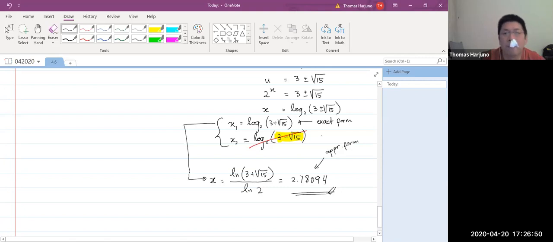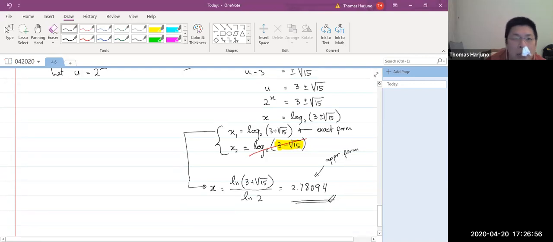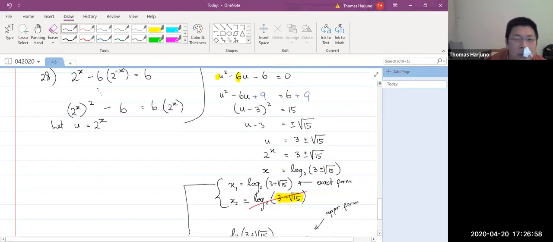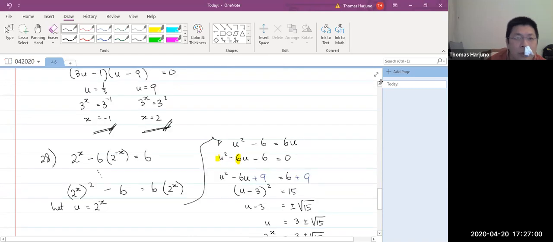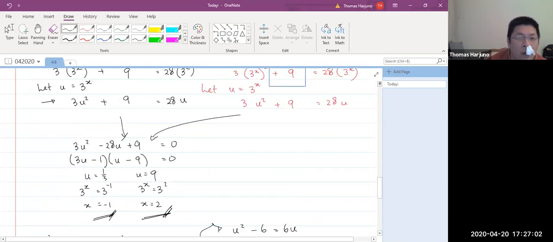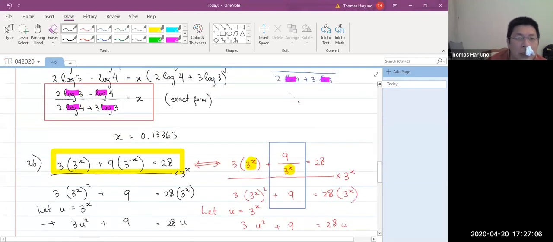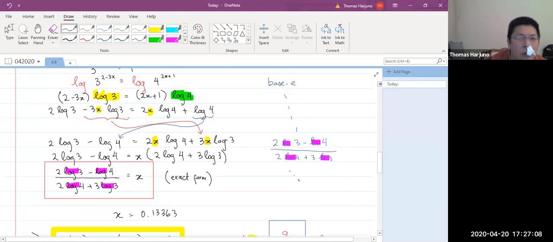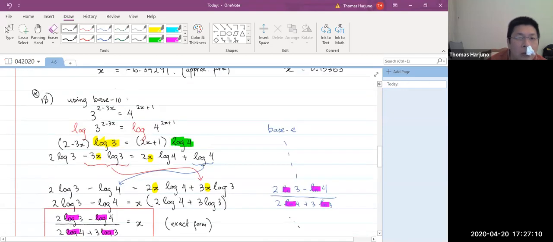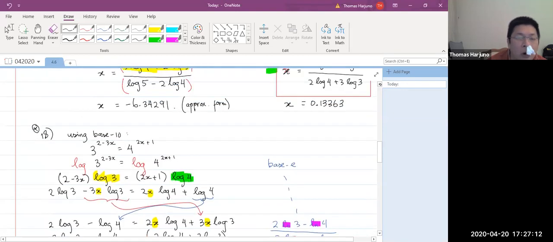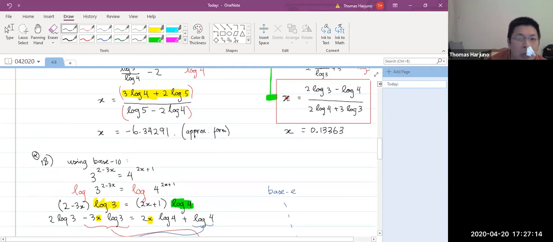Okay. Anyway, we are pretty much done with the exponential equation. Of course, you may see some kind of a little bit tricky questions. I will show you one very, very soon. But this is the outline of exponential equations.